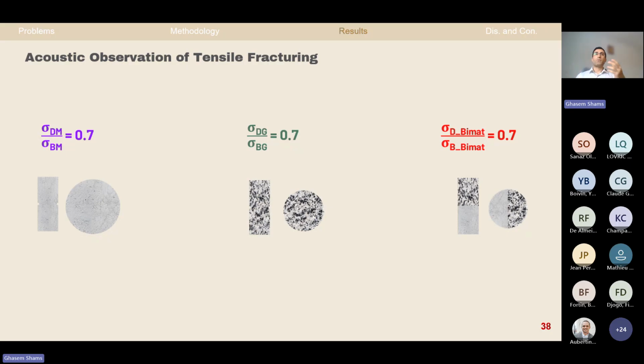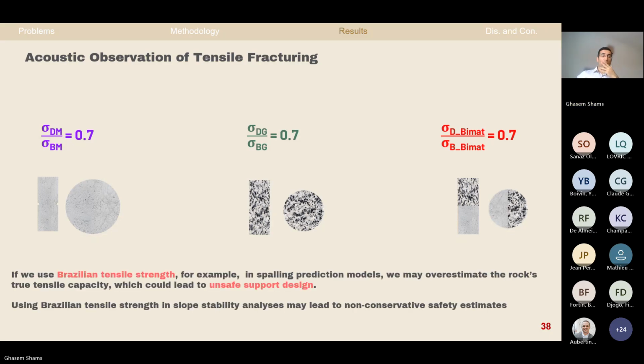This is very important when we use the tensile strength from the laboratory in our design, because usually we get our tensile strength from the Brazilian test, and we cannot directly use those values in our design, in numerical simulation or analytical calculation.